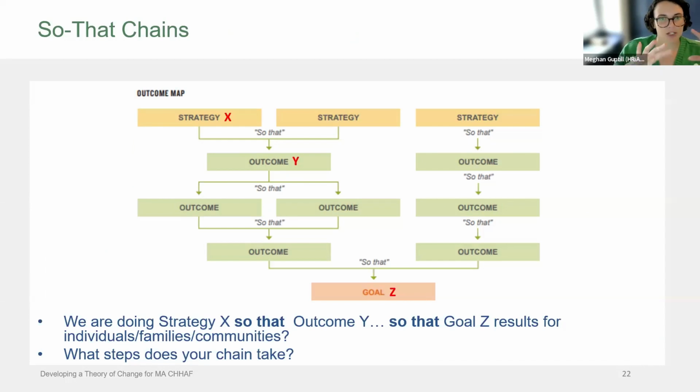And then in collaboration, outcome Y with all the other outcomes are being done so that goal Z results, being our ultimate goal. So if you're starting from kind of a really basic starting point with your theory of change, this can be a really helpful exercise to go through with your team, answering the questions of, we're doing this so that what happens next, and following that logic down that pathway.